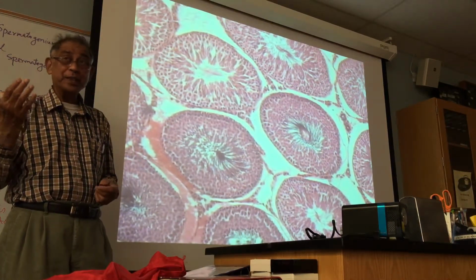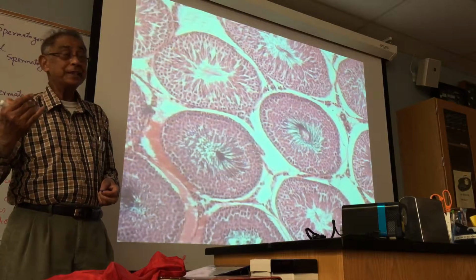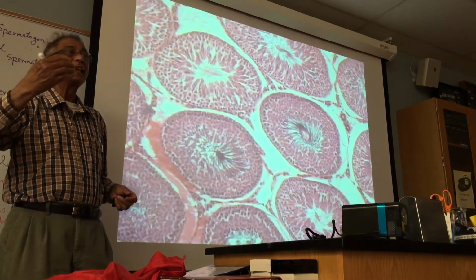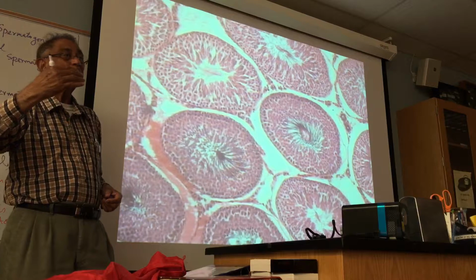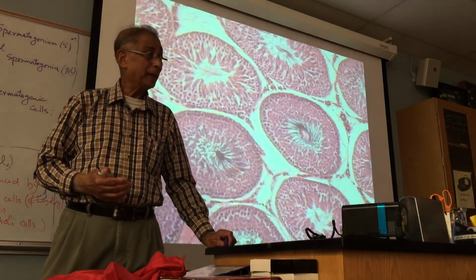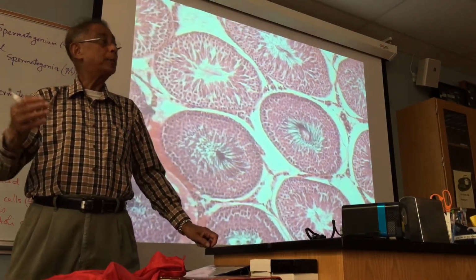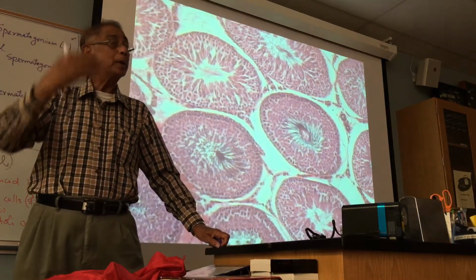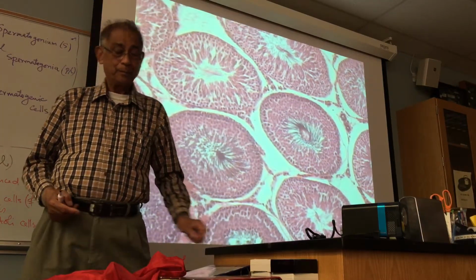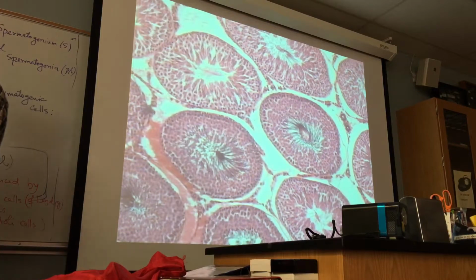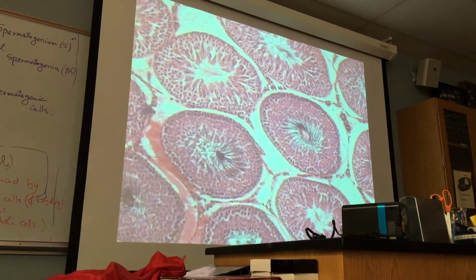Definition: spermatogenic cell represents a particular stage of spermatogenesis, like primary spermatocyte, secondary spermatocyte. But you don't have to. I have not given primary or secondary spermatocyte in the study guide. But I have given spermatogenic cells, isn't it? Mm-hmm. Very good.